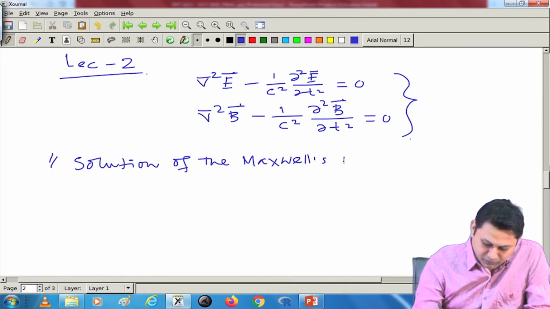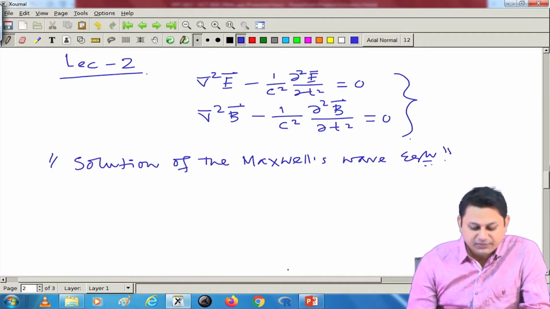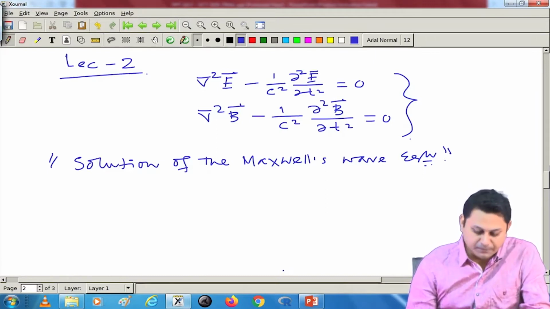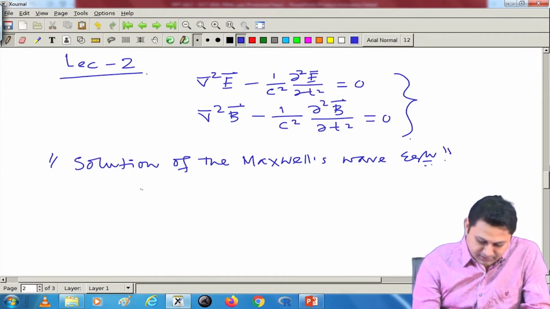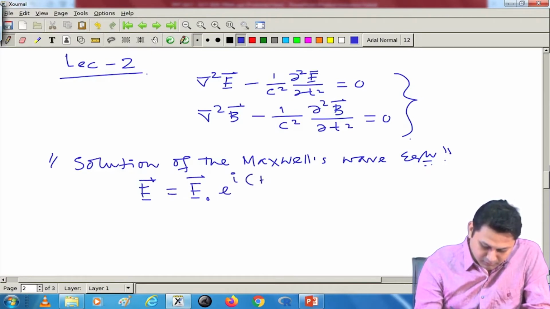Already in the first class we know that if we have a wave equation, then the solution has a typical form, and let us write in this typical form as this. This is a very special form.